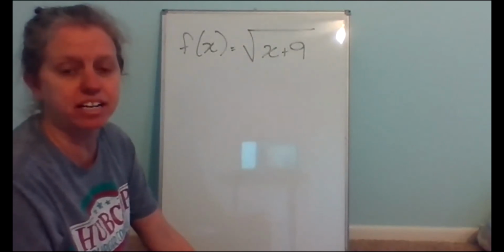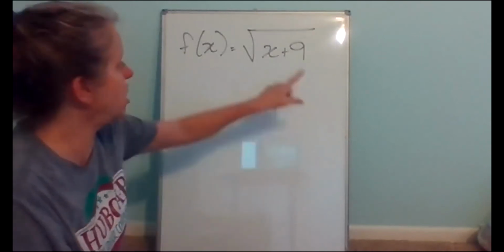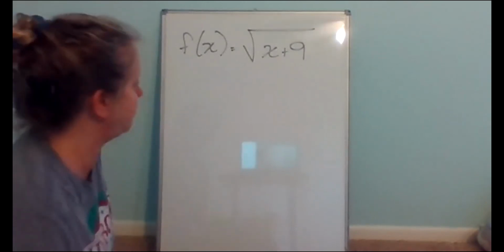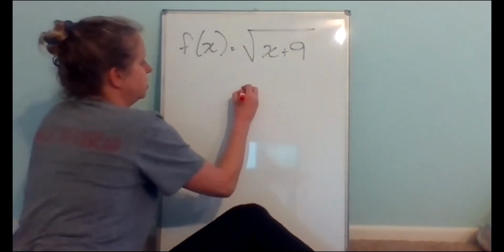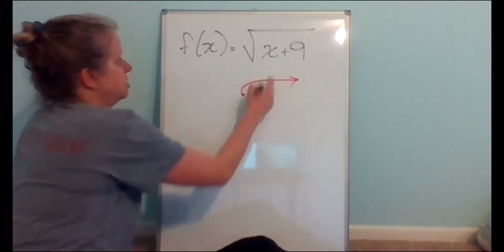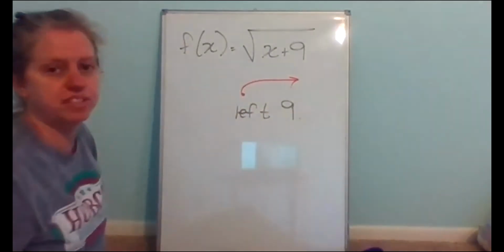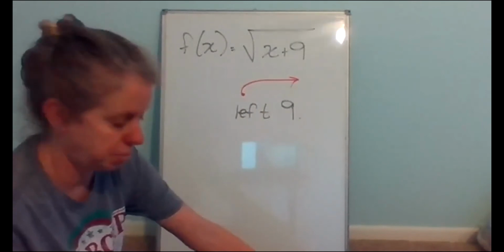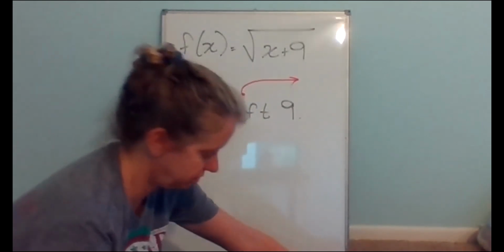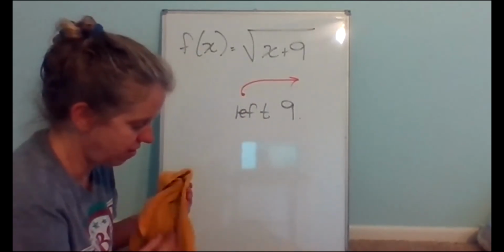So it's an inside number. Inside numbers shift you horizontally, but you go opposite the sign. So it's going to be the shape of a square root graph. A square root graph looks like this. And since it's plus 9 on the inside, it's going to shift it to the left 9.